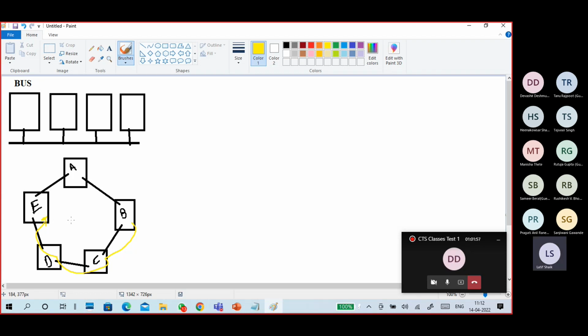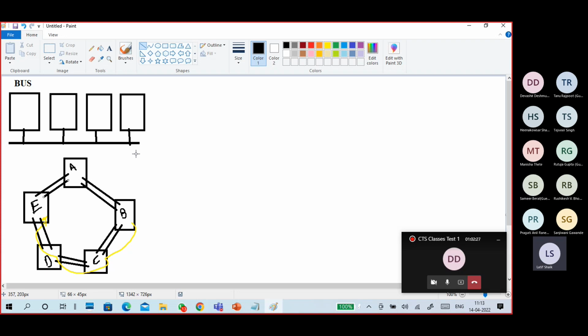So to avoid that confusion, they added one more ring like this. Again A to B, B to C, C to D, D to E, E to A. But this is double, no? So it works clockwise and anti-clockwise.